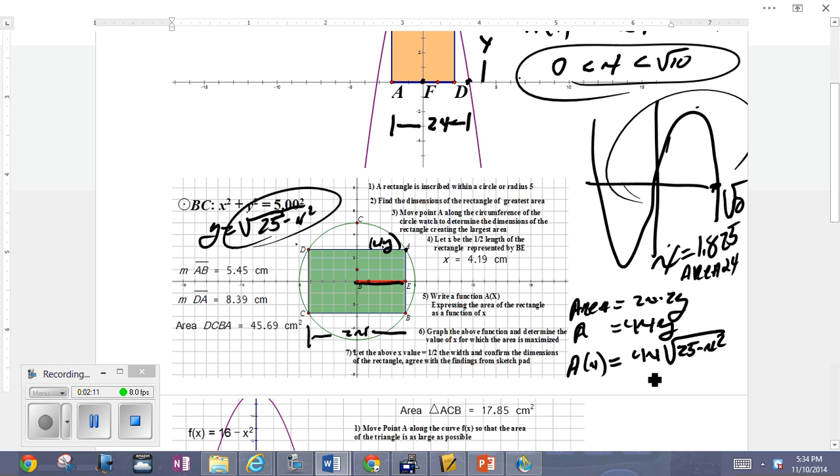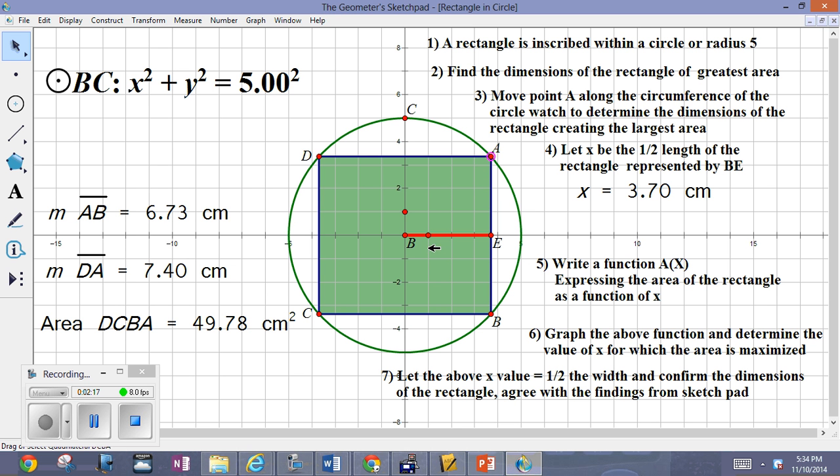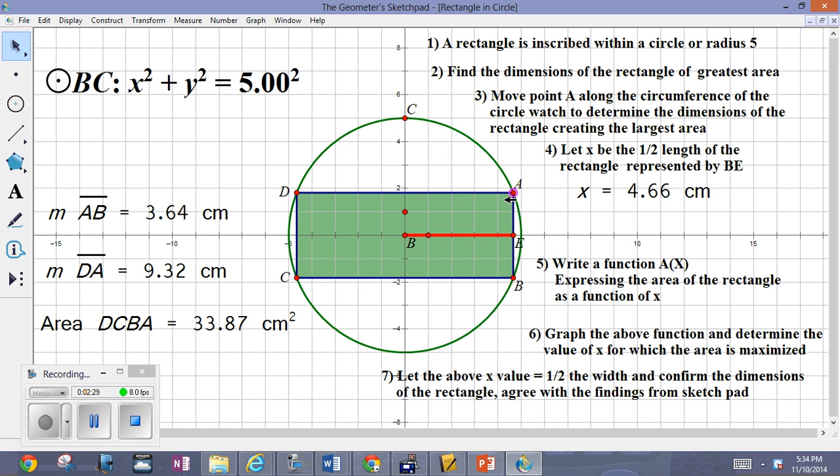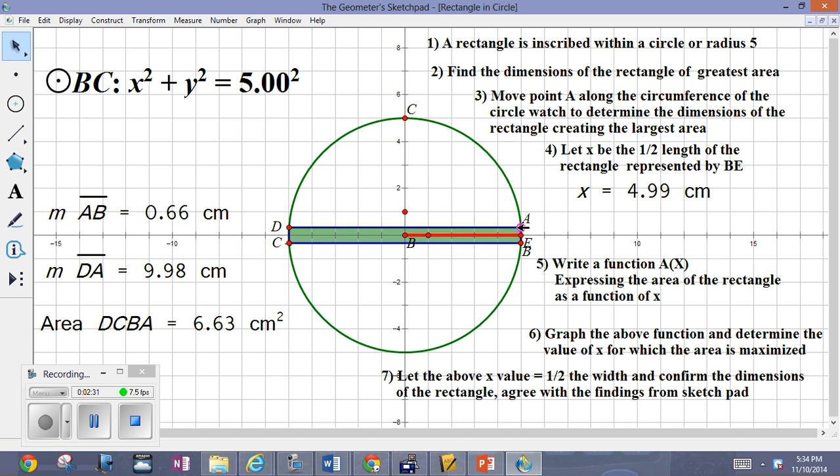Now let's look at what the logical limitations are on that value of x. If x was driven all the way up here, we've got no area, in which case we have x essentially equal to 0. Then we can move all the way down here to where x is right there on the axis, where x is 5, but there again, we have no area.